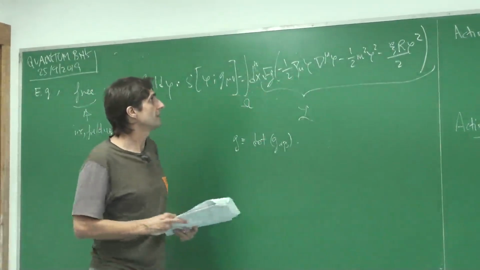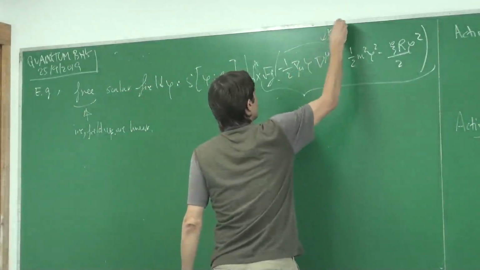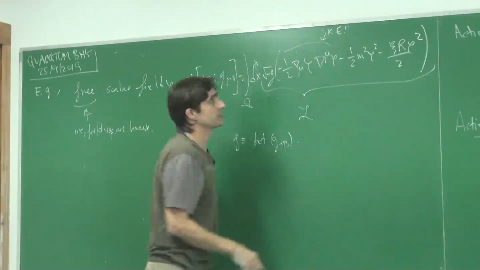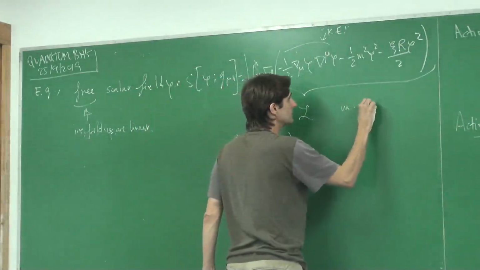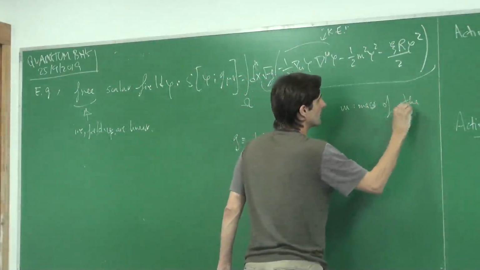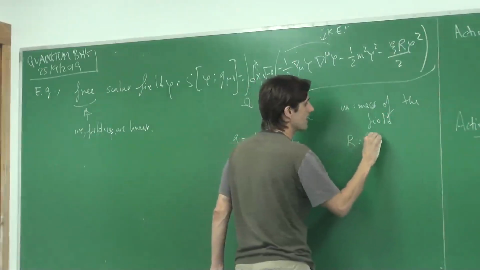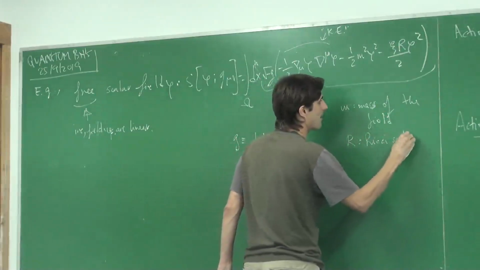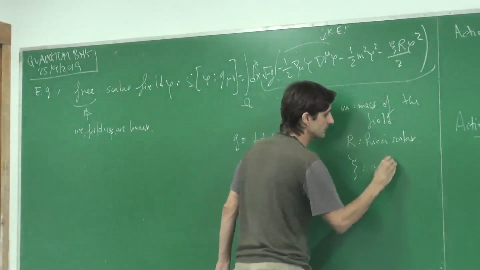And then this is your kinetic energy term in quotes, and your potential energy term, which contains m, the mass of the field, R, the Ricci scalar, and psi, which is just a coupling constant.